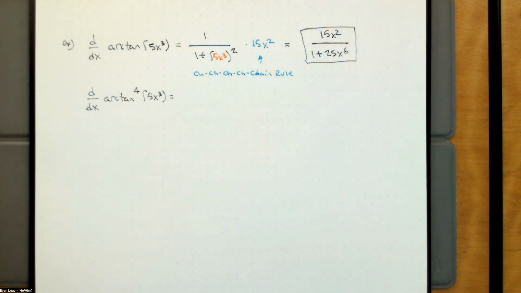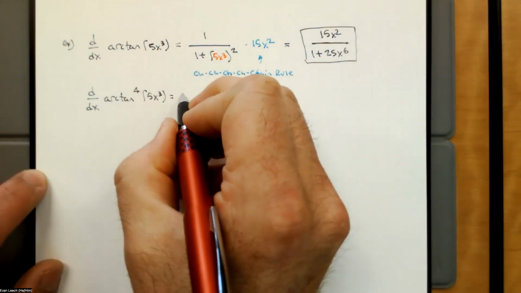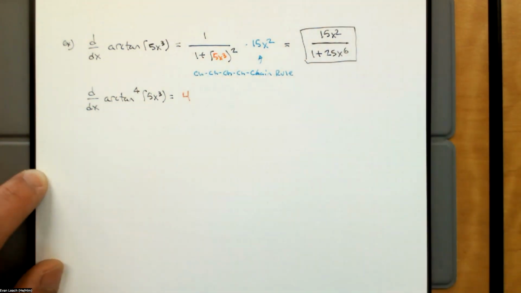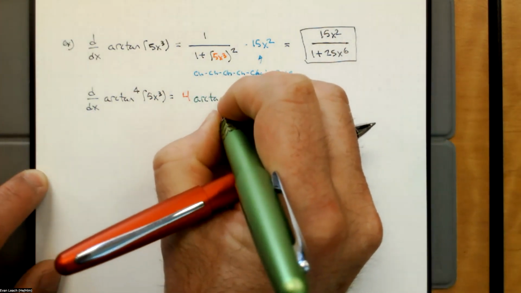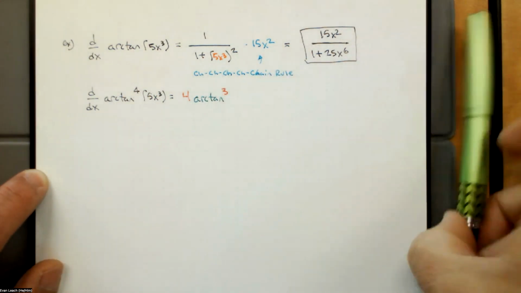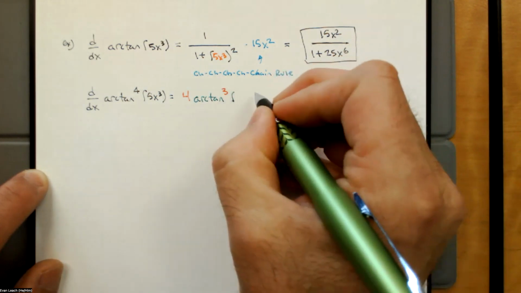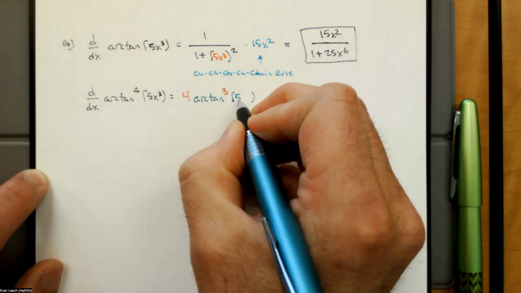You just have to read what's on the outside. It's the 4th power of arctangent of 5x to the 3rd. So the first thing that we find the derivative of for the chain rule is the 4th power. The derivative of something to the 4th power is 4 times that thing to the 3rd power, and it's of arctangent of 5x to the 3rd.